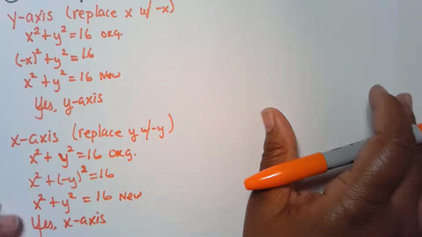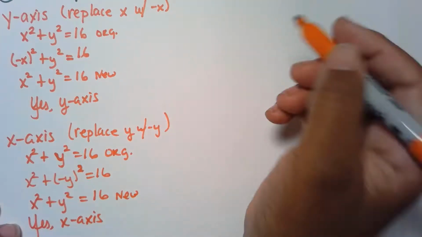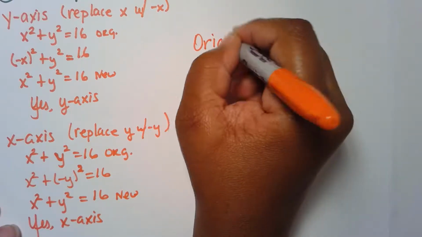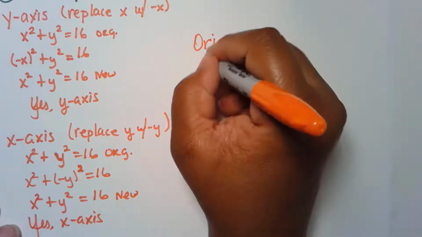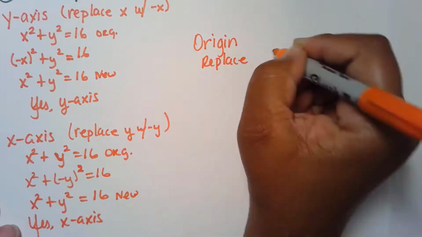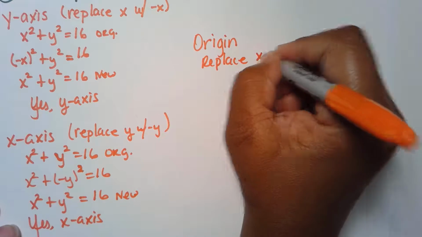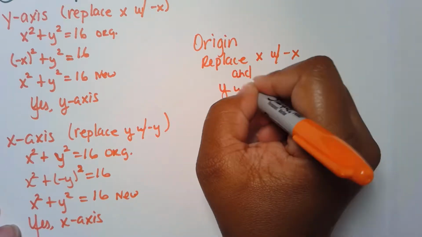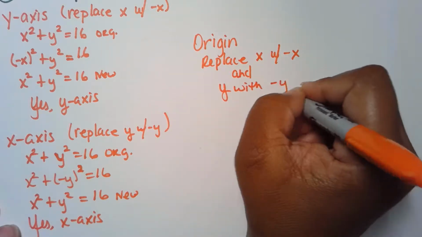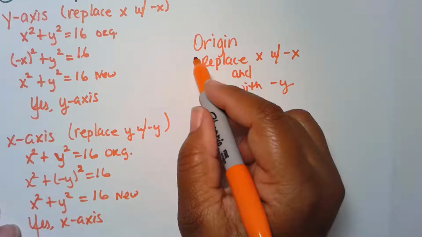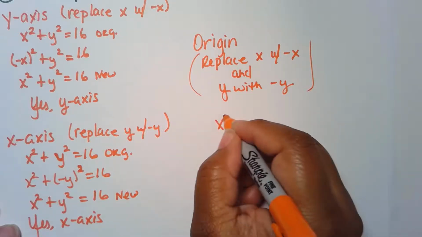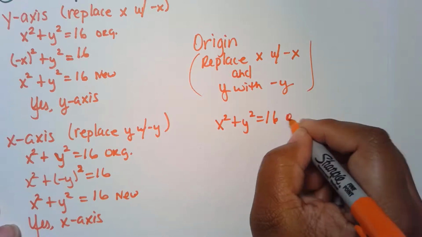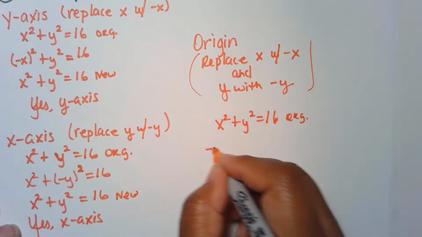Last check. Symmetric with respect to the origin. Replace x with negative x and y with negative y. Here's the original equation. And let's replace.